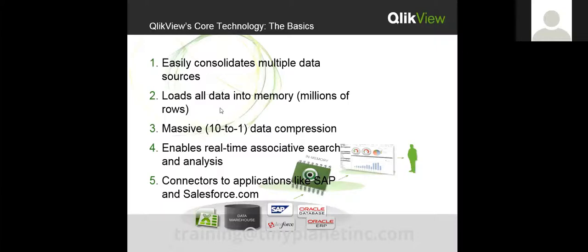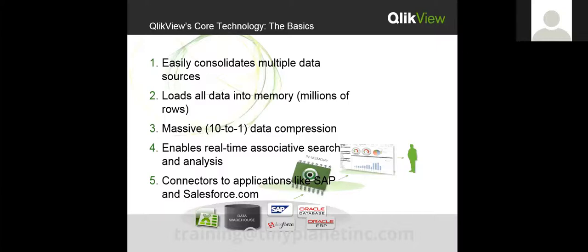It loads data into memory, millions of rows. One of the basic and most important things is data compression. We have a proprietary database called QVD, which QlikView uses as its data repository. I'm going to talk about that later in the QlikView training. Then we have real-time associative search. There are also connectors available.